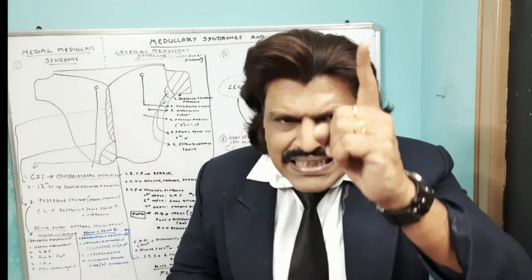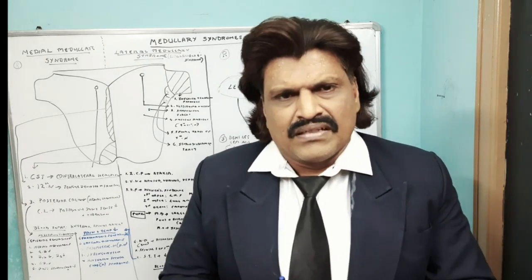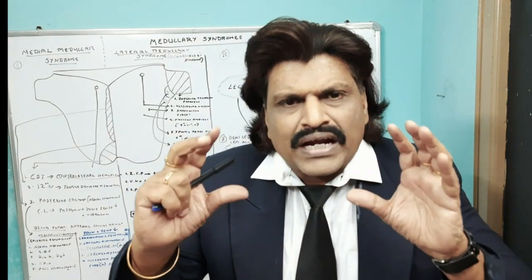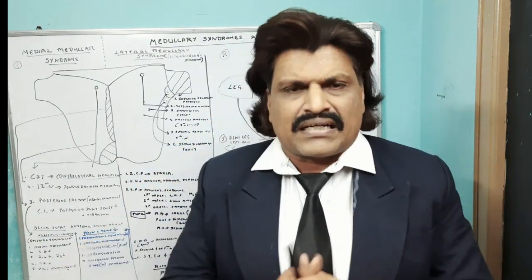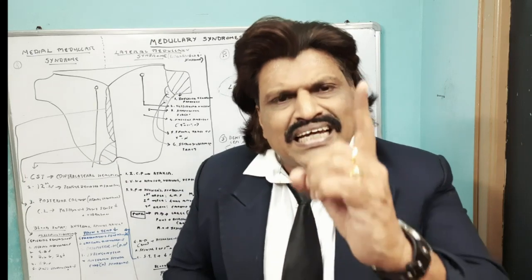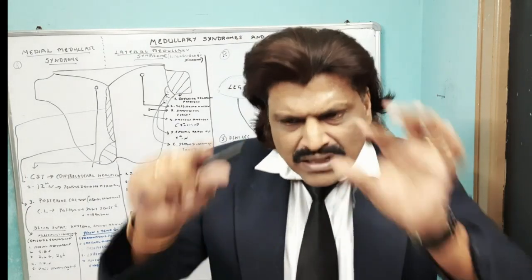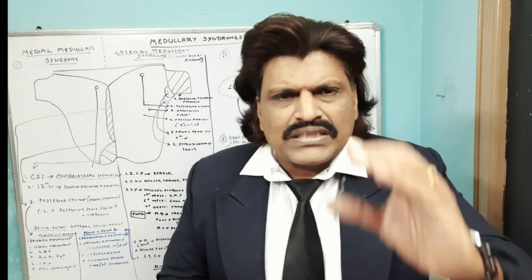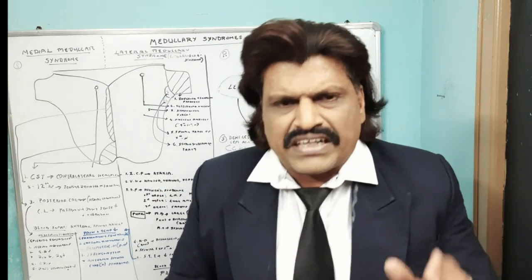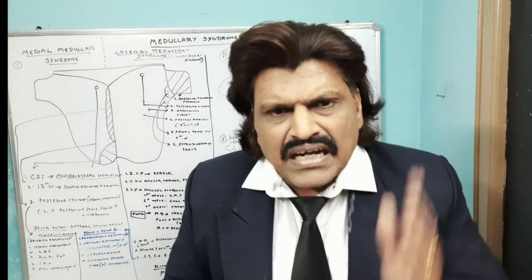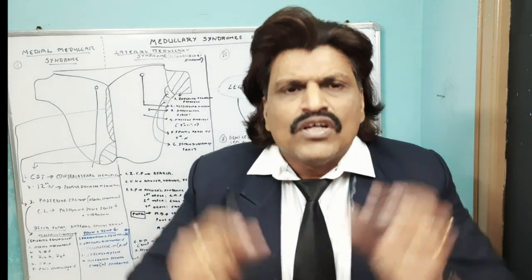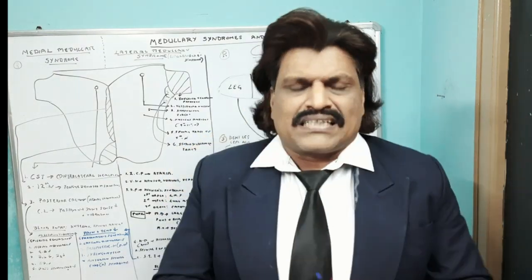Pons is supplied by a single basilar artery, unlike medulla oblongata, which is supplied by two vertebral arteries. A single artery being affected is more common than two arteries getting affected. Therefore, if the pons, which is supplied by a single basilar artery, gets affected, like in pontine hemorrhage or basilar artery thrombosis, both sympathetic tracts get affected. So it produces bilateral Horner's syndrome, and both pupils get constricted.